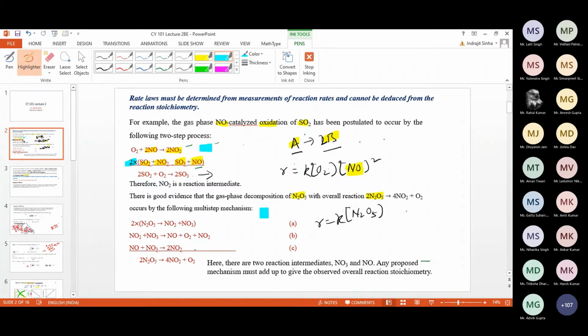That is, the predicted rate law from this particular reaction mechanism must be in accordance with the experimental rate law. If all these things are coming together, then you may say that the mechanism is correct. Okay, may say, because even this set of evidences could be true for another similar mechanism as well. That is why I'm saying may say.